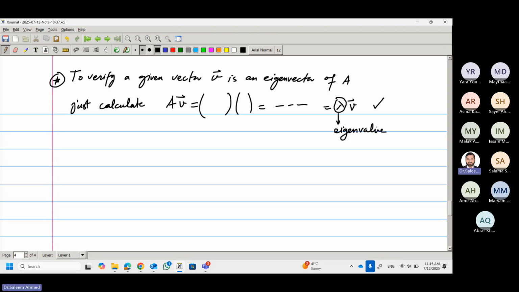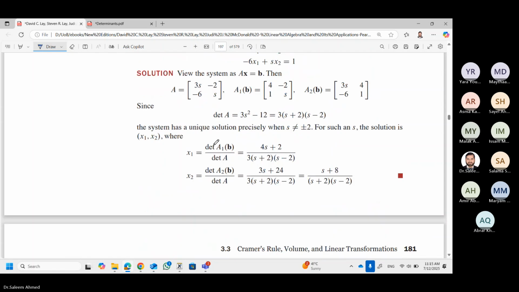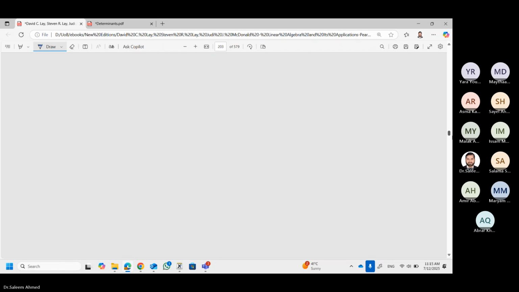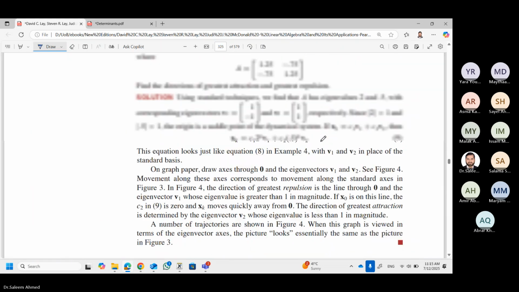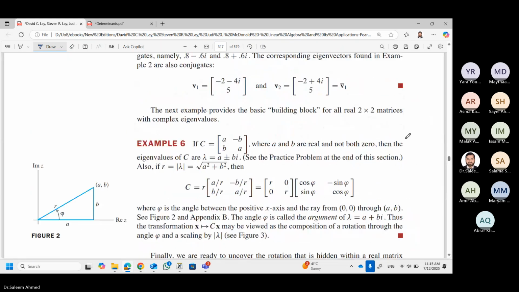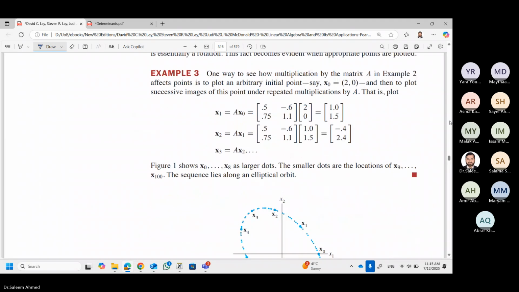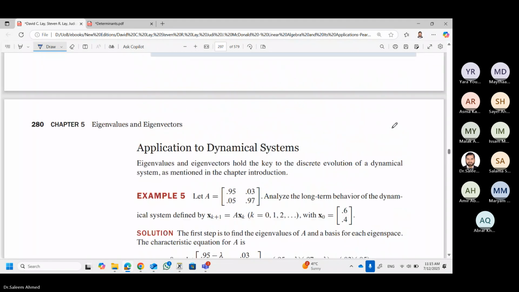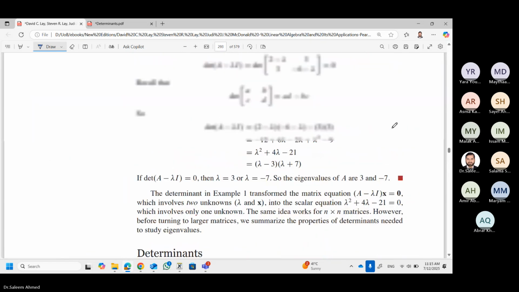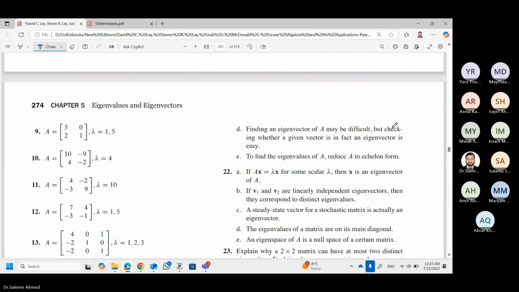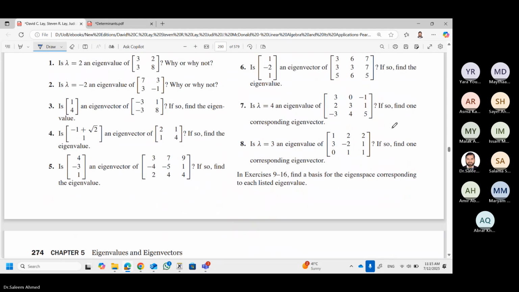Where is that? Let me show you. Look at these questions where a vector is given, a matrix is given, and they are asking you, is this an eigenvector of A?